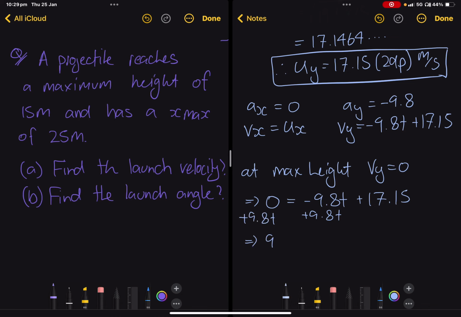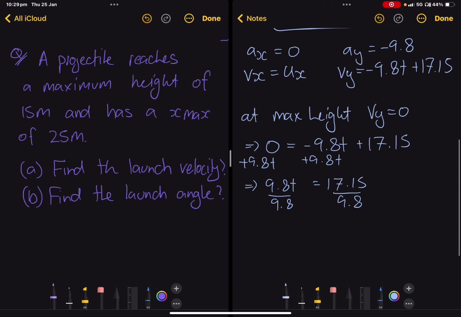This gives us 9.8t is 17.15. Divide both sides by 9.8, and this will give us t is equal to 17.15 divided by 9.8, which is 1.75.